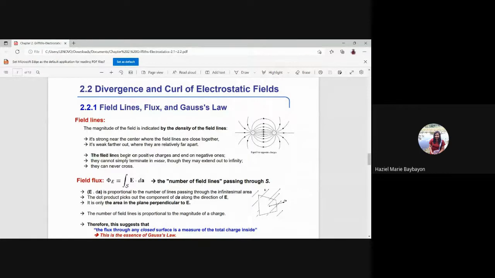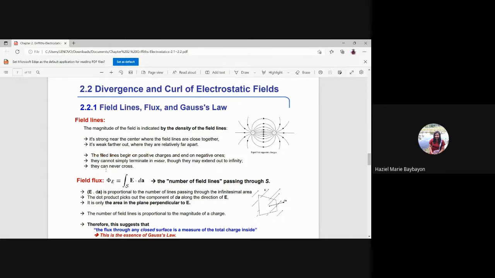Again, the electric field lines begin on positive charges and end on negative ones. So the arrow here indicates this. It comes out from a positive charge and goes into a negative charge. Now, they cannot simply terminate in midair, though they may extend out to infinity.